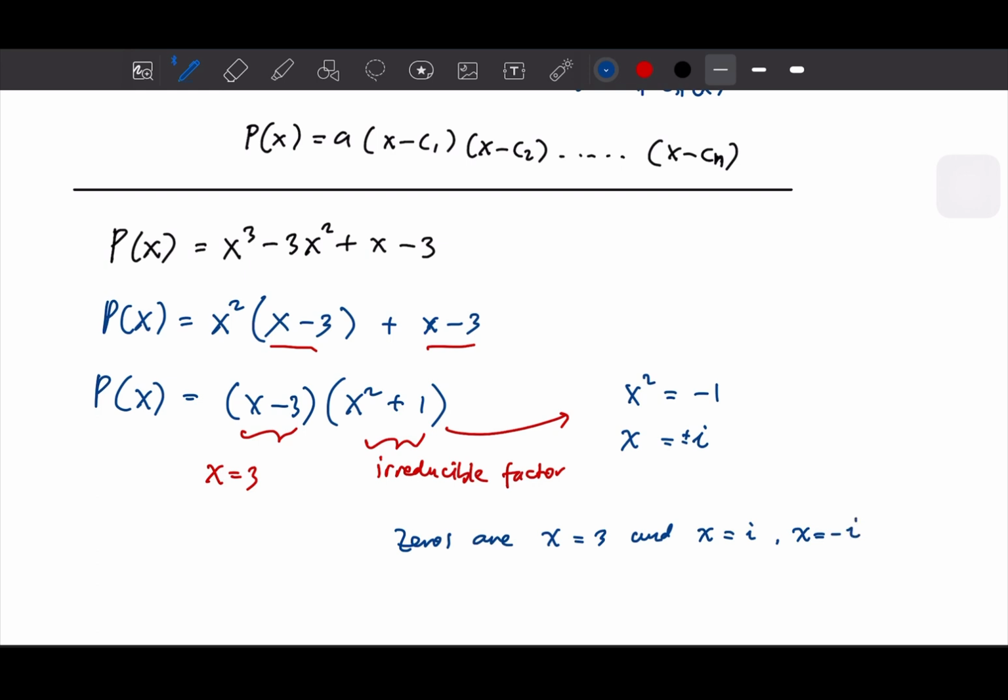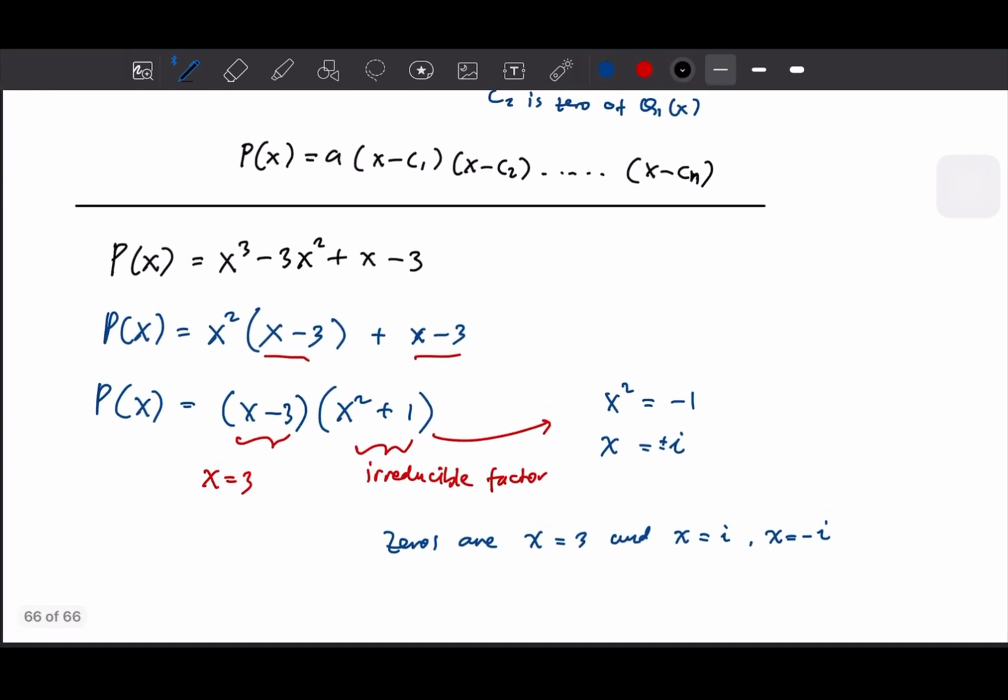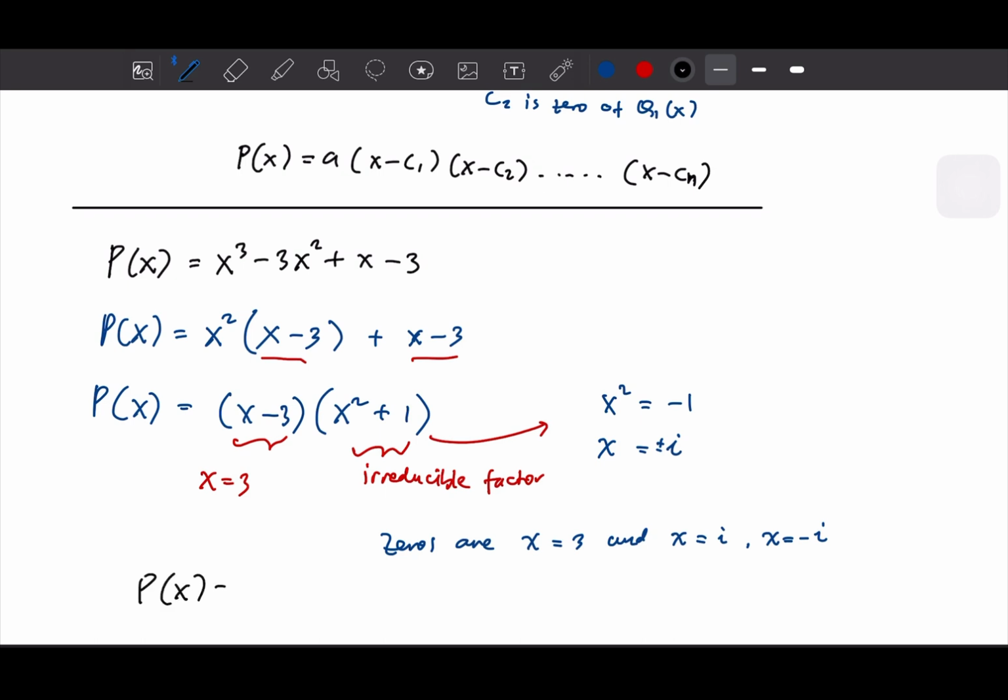So we can write the factorization completely as x minus 3, x minus i, and x plus i. Okay, like that.